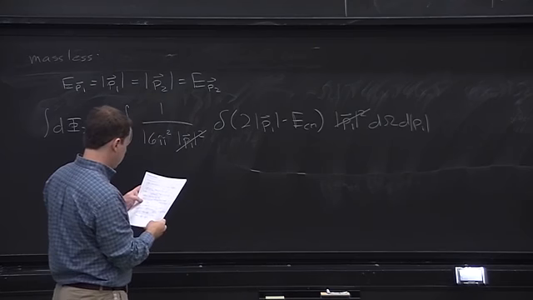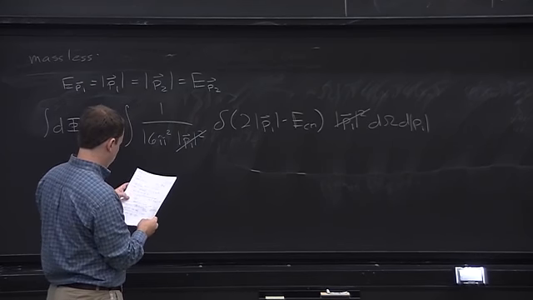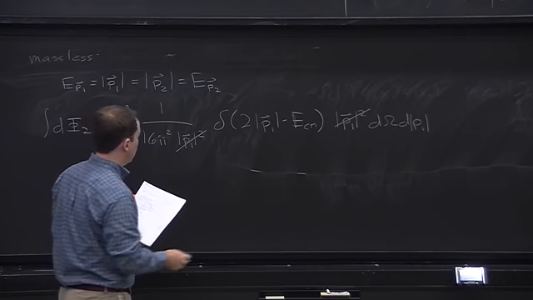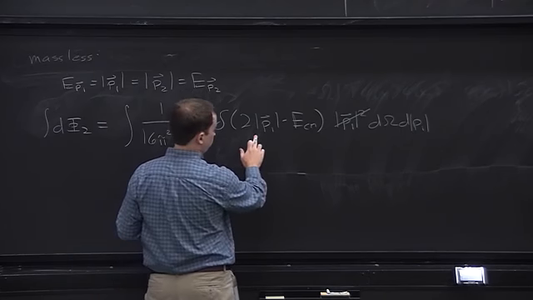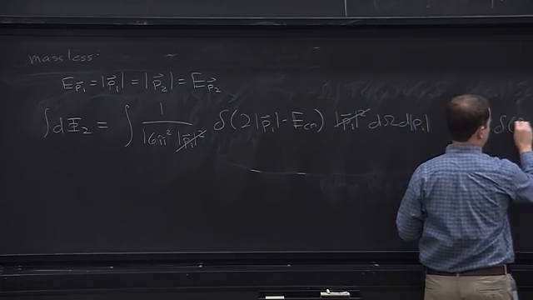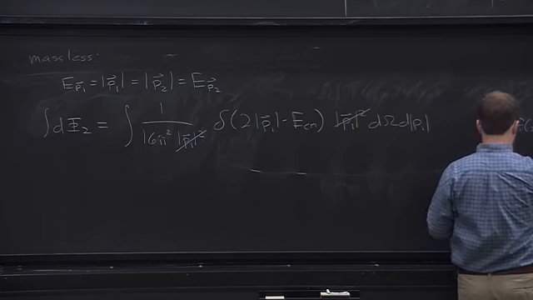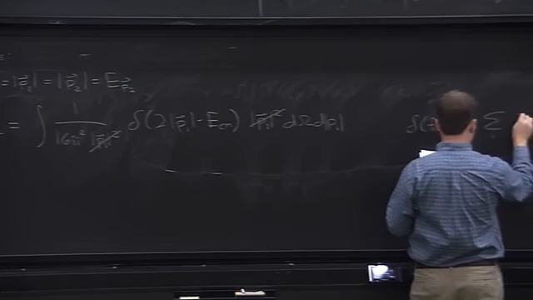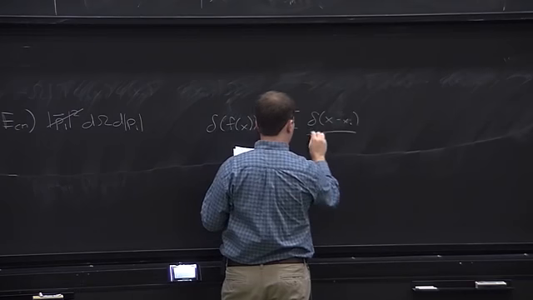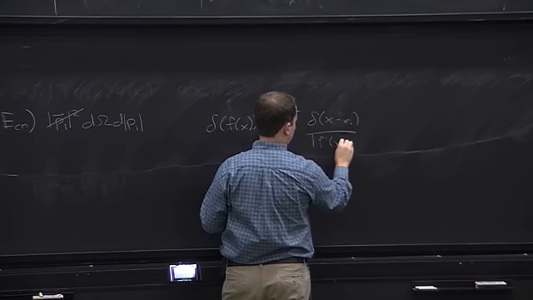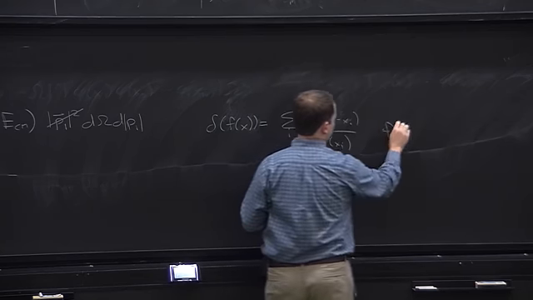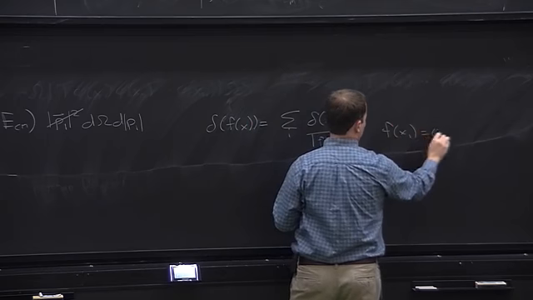And we can do this integral, again using delta of f(x) is the sum over delta of x minus x_i over f prime of x_i, where f(x_i) is 0.